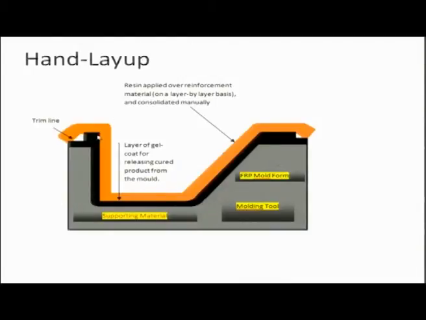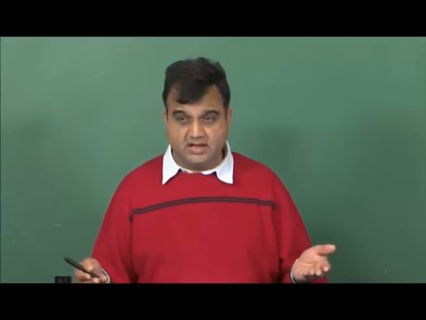And then this orange zone is basically several layers of fibers. So you put first layer of fiber, then you apply resin, squeeze off the extra material, second layer of fibers, and so on and so forth, and you slowly build it up. So once you have built up the whole thing, and the resin when you are applying, it already has the hardener mixed into it, but you do it at a temperature that the curing rate is very small, it is not high enough.